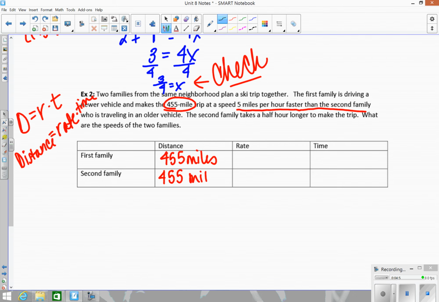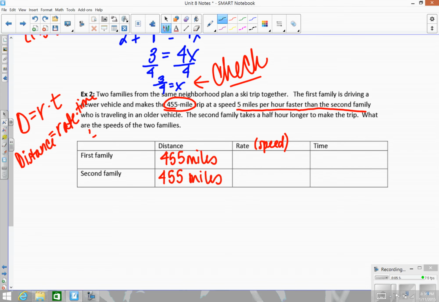So both families are traveling 455 miles. The rate, which is really the speed, is going to be in miles per hour. The first family is traveling 5 miles per hour faster than the second family. We don't know how fast they're going, so that's going to be our variable.